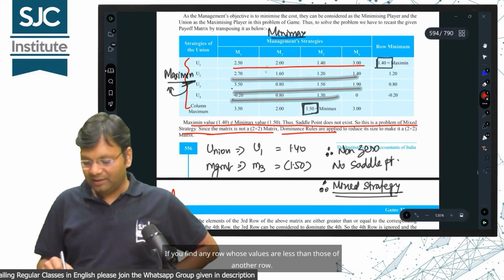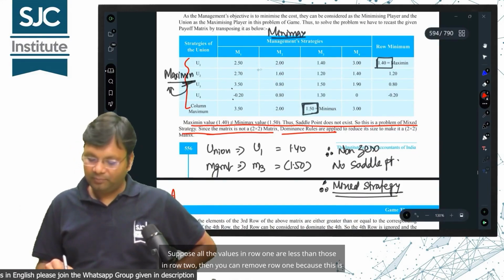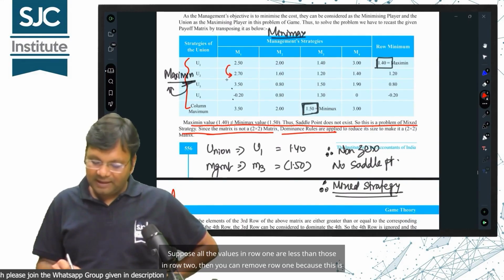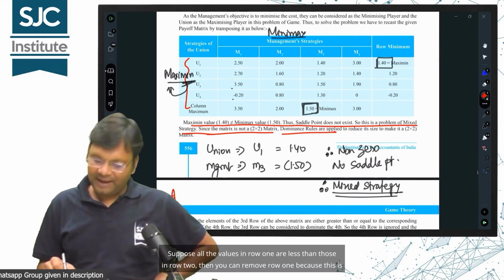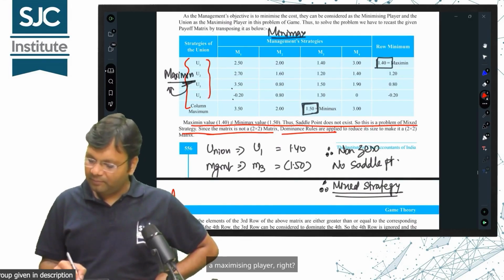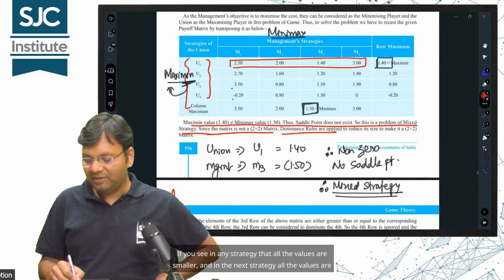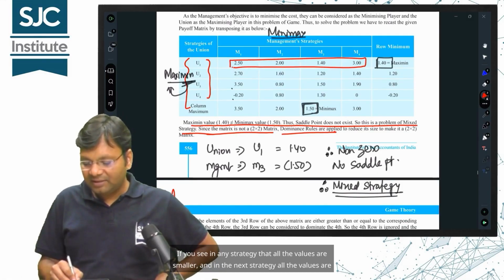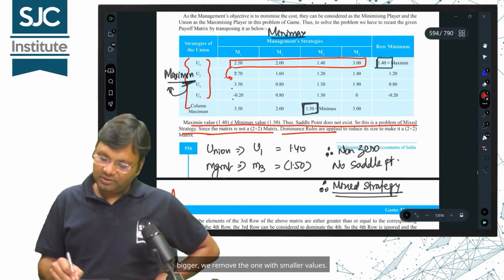If you find any row whose values are less than those of another row, suppose all the values in row 1 are less than those in row 2, then you can remove row 1 because this is a maximizing player, right? If you see in any strategy that all the values are smaller and in the next strategy all the values are bigger, we remove the one with smaller values.